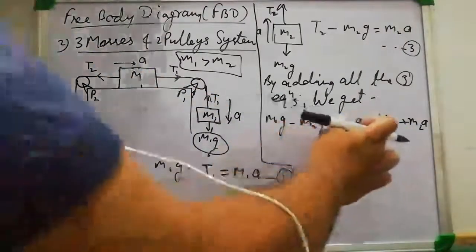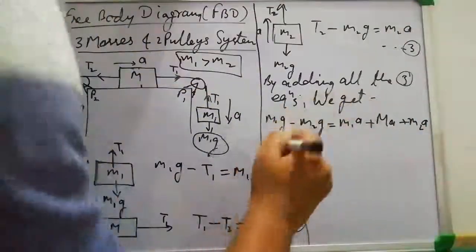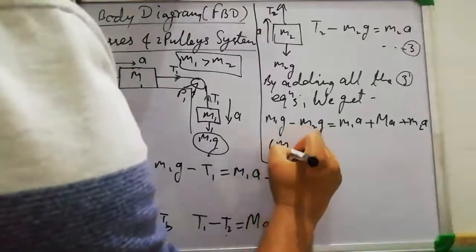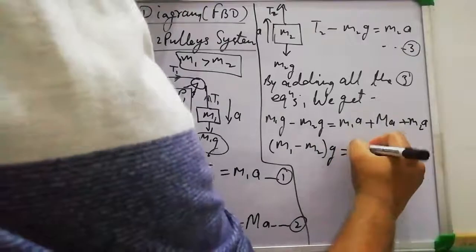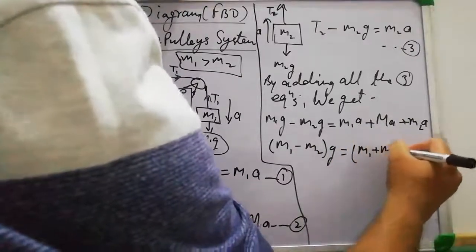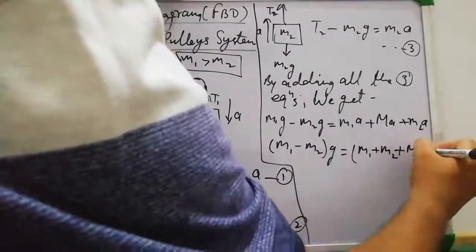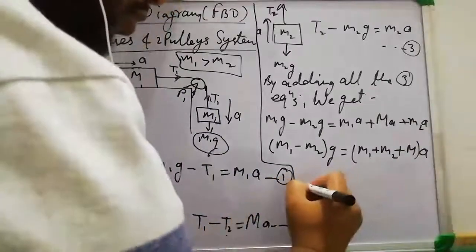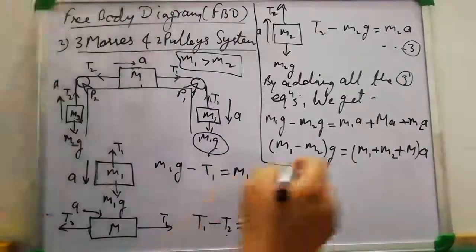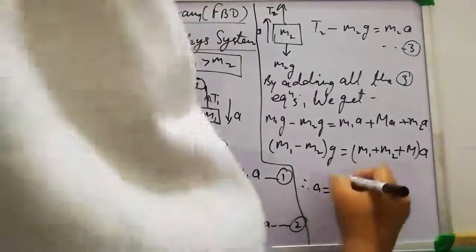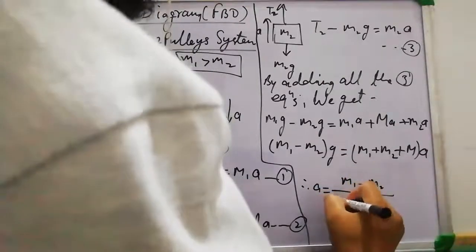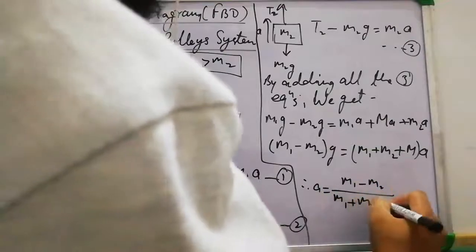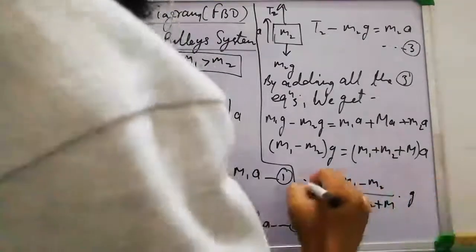So we will take common a and g from the respective terms. M1 minus M2 will remain here, and M1 plus M2 plus capital M will remain here with acceleration a. So acceleration a will be equal to (M1 minus M2) divided by (M1 plus M2 plus M) into g.